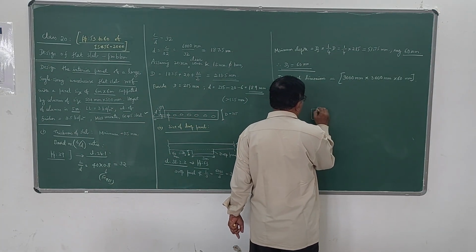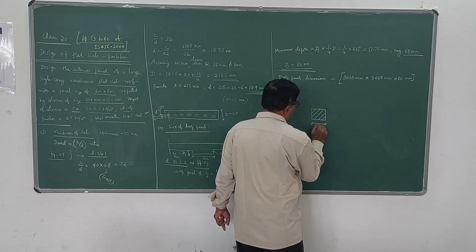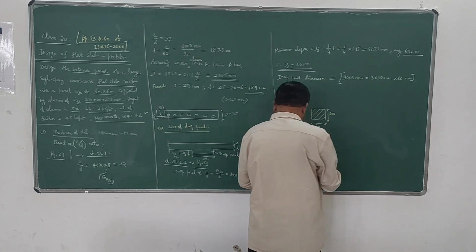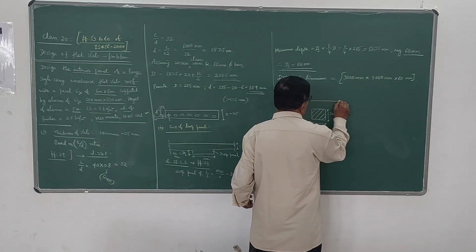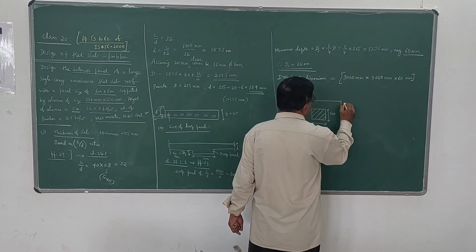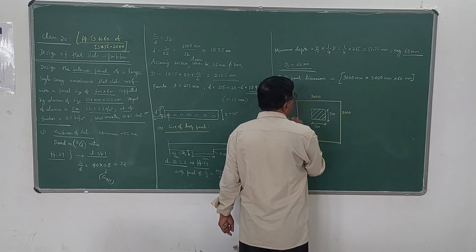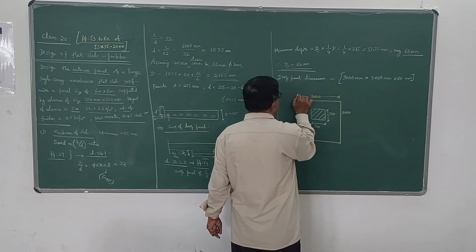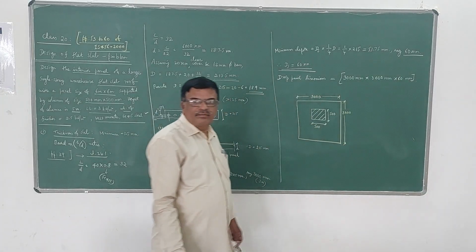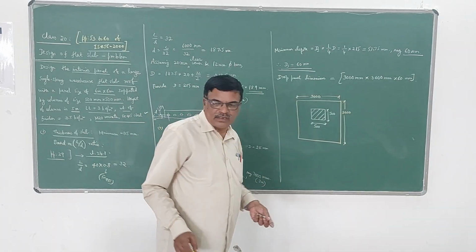This column size is 500 mm by 500 mm, that he has given. Whereas this drop panel will be like this, and the drop panel size is 3000 by 3000. This is the plan. It looks like this. So now the drop panel dimensions are over.